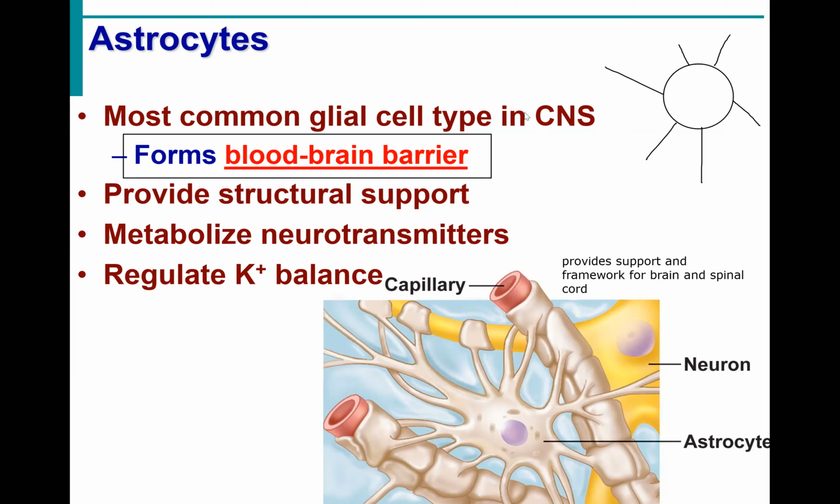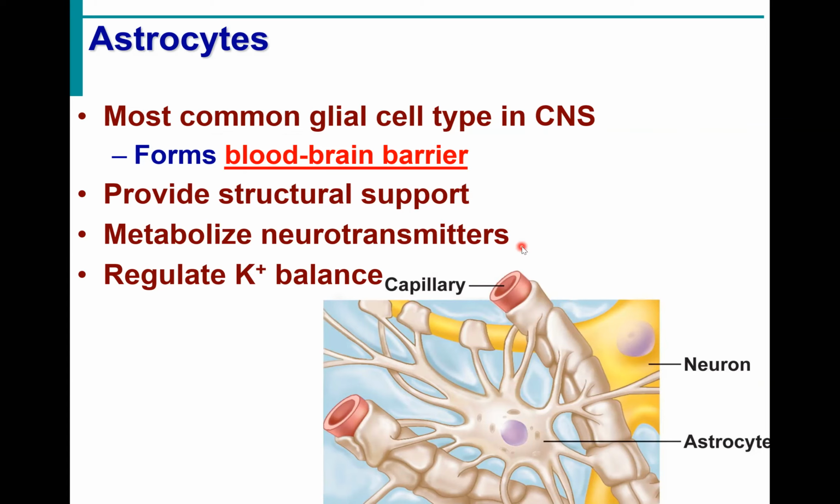And even though we haven't mentioned it, one of the things that hopefully you are aware of, let me go ahead and clear all the drawings for this, is that neurons do not regenerate. So if a neuron gets damaged, that's it. If it dies, I should say, it cannot be replaced. Right?